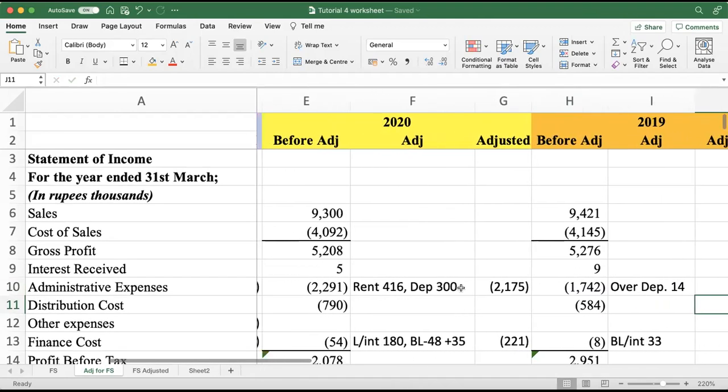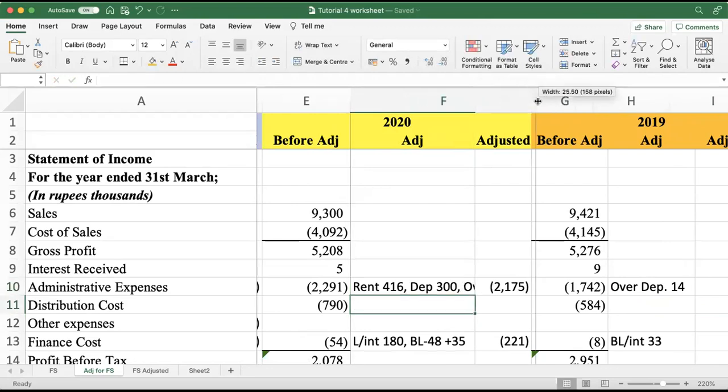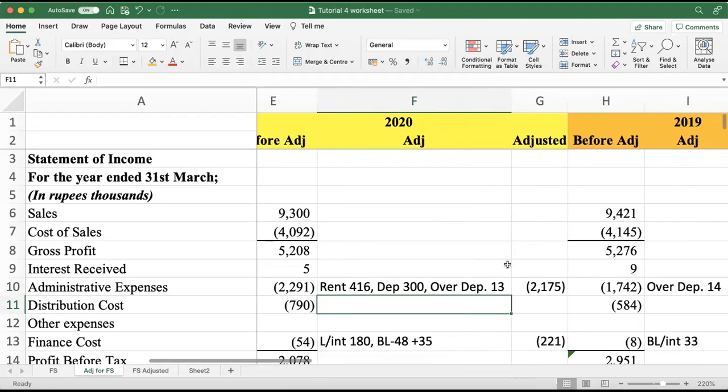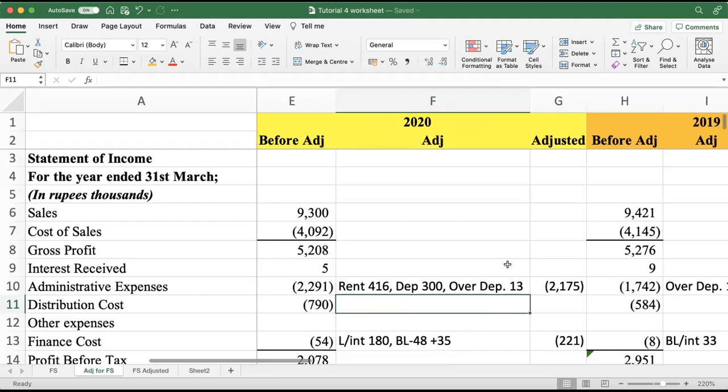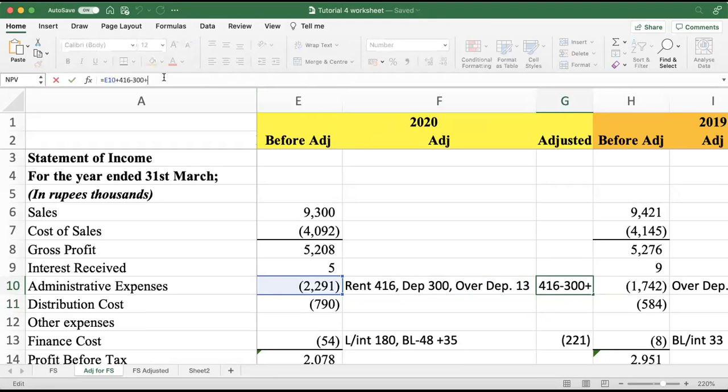Then 2020. So you have to adjust for over depreciation 13. Then your expenses reduces. Now it is 2175. So this should be reduced by another 13.